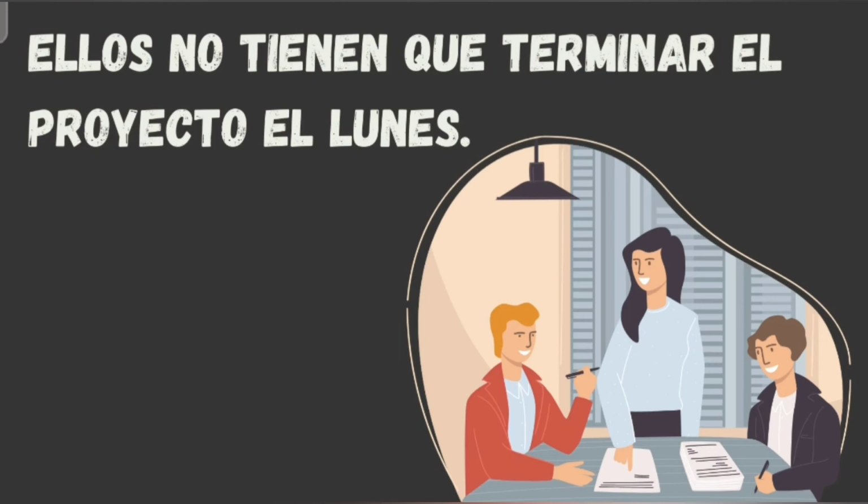Now, according to the personal pronoun they, if we're talking about a group of boys and girls, or only boys, then the negative sentence would be, they don't have to finish the project on Monday, okay? So to say this, in Spanish we have to say, ellos no tienen que terminar el proyecto el lunes.